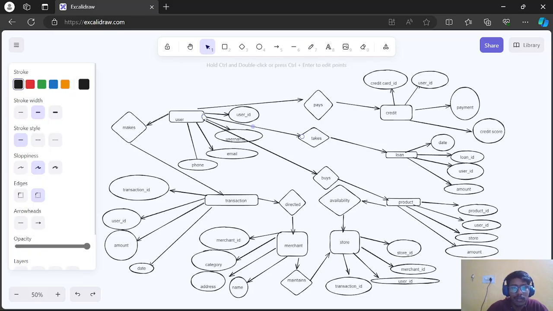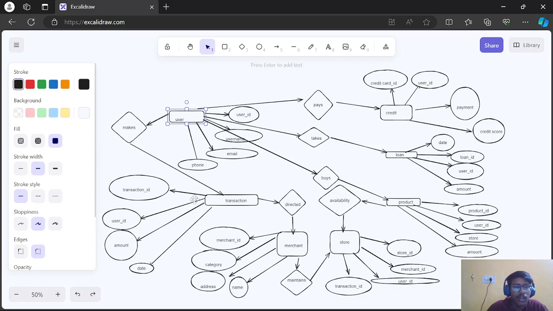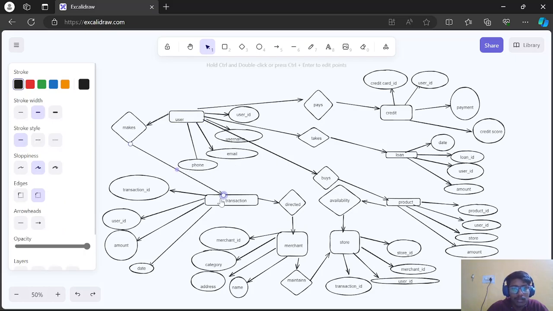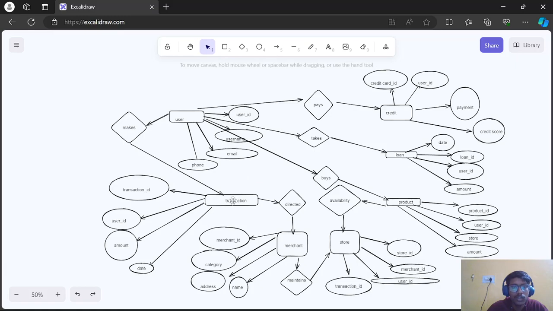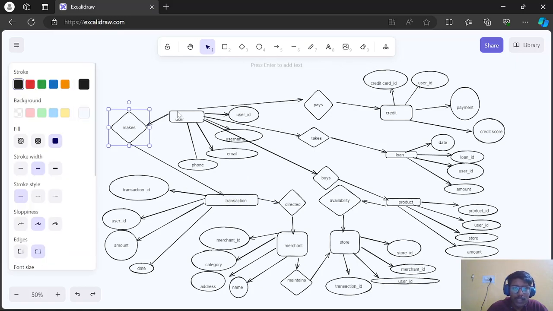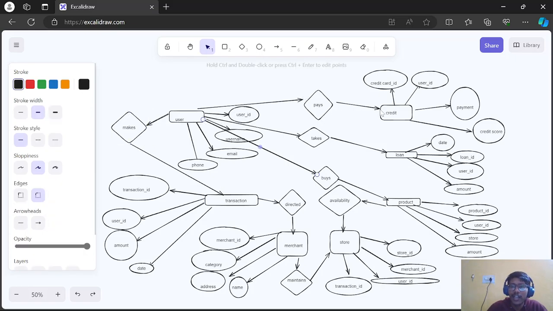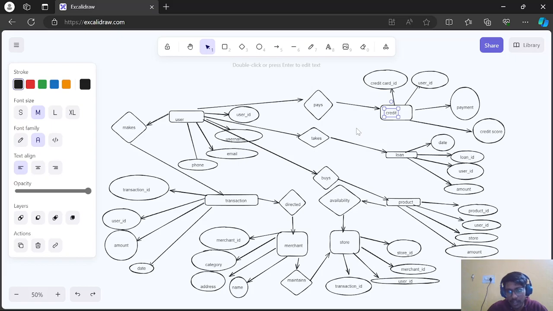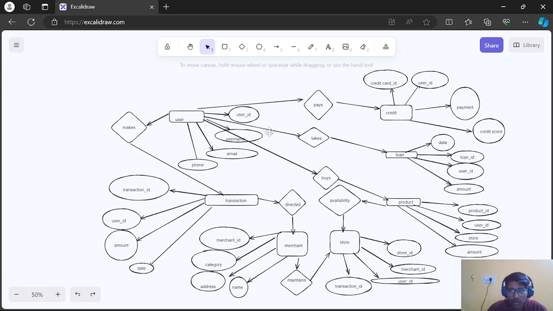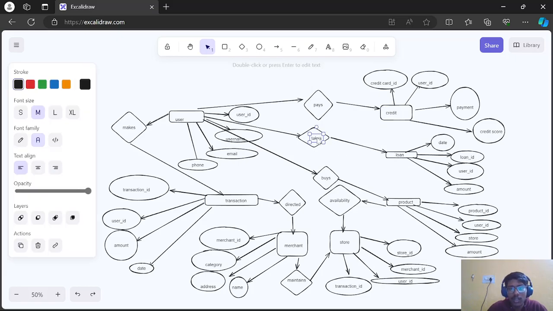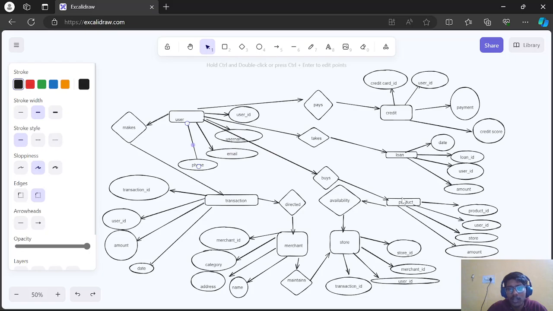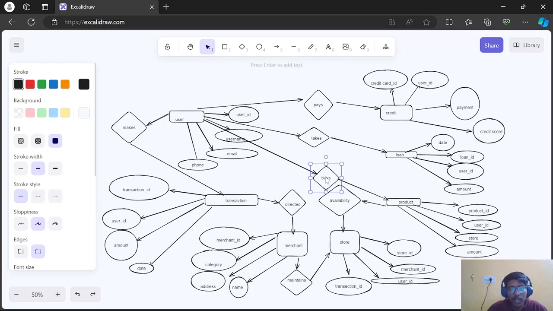The relationship between a user and a transaction entity is that the user makes a transaction. The relationship between a user and a credit would be that a user pays his credit. The relationship between a user and a loan is that a user takes a loan. And the relationship between a user and a product is that a user buys the product.